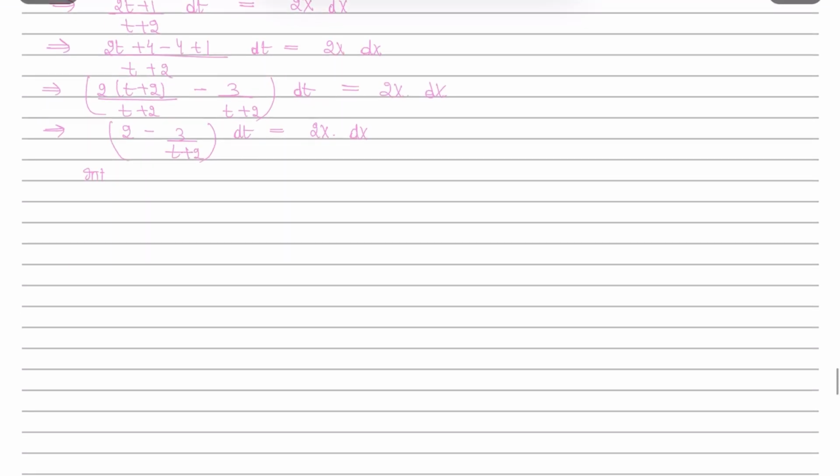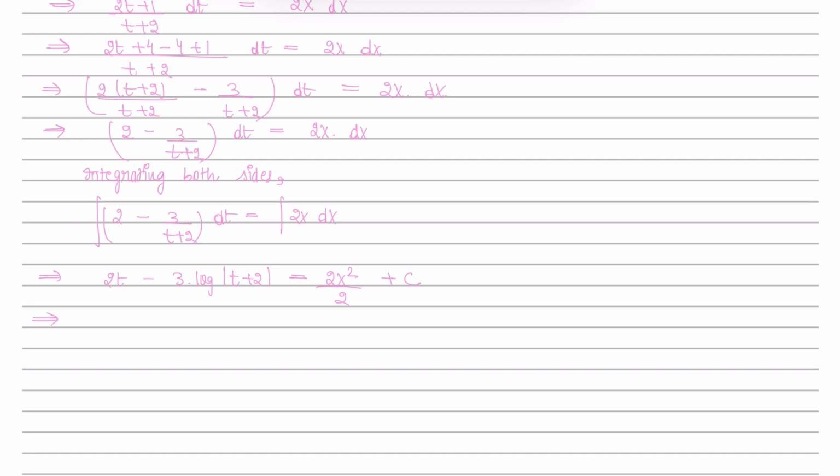Integrating both sides, this becomes 2 times t minus 3 times log of t plus 2 is equals to 2x square divided by 2 plus c.